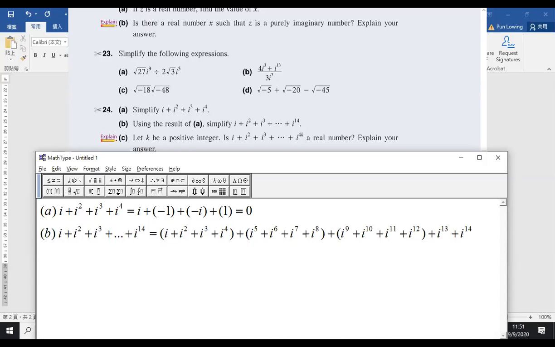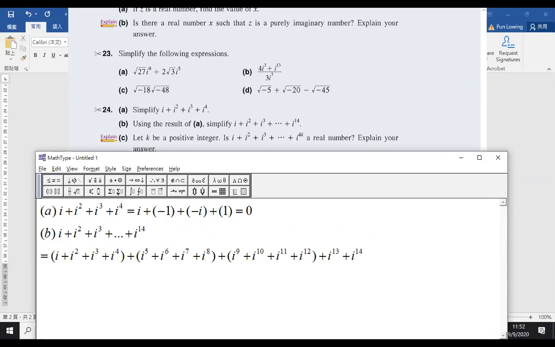14. Why write it so long? Because we can, since every 4 terms form a group. The first group is equal to 0, as we have already found. For 5, 6, 7, 8: i^5 is equal to i^1, i^6 is i^2, i^7 is i^3, i^8 is i^4. 9, 10, 11, 12 also simplify to i^1, i^2, i^3, and i^4.